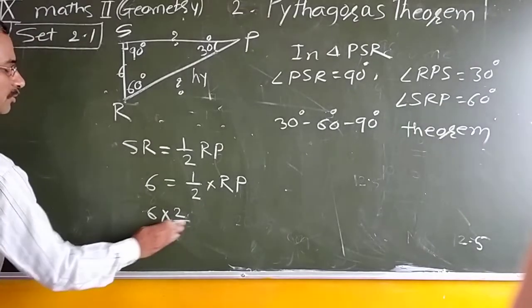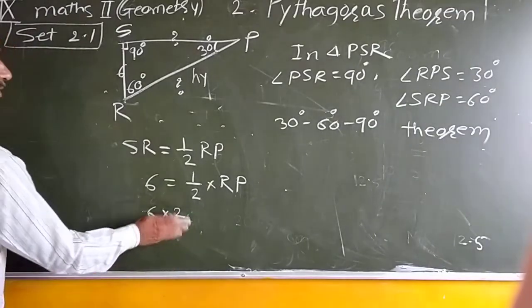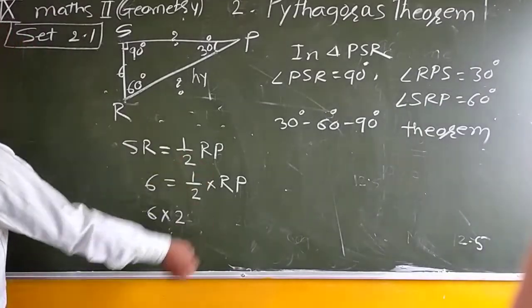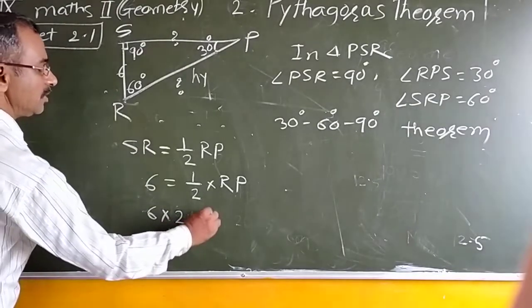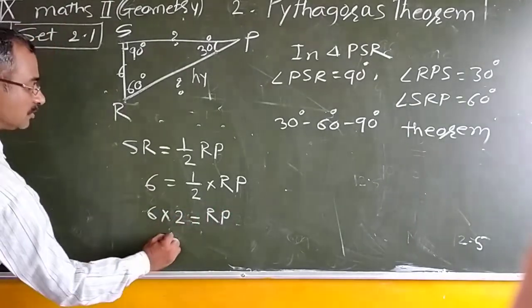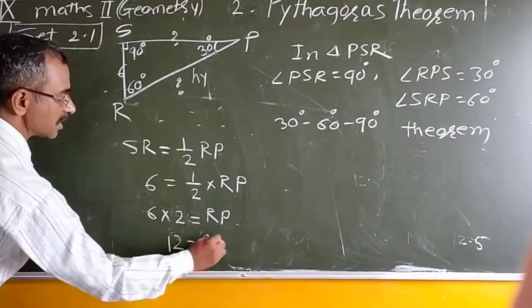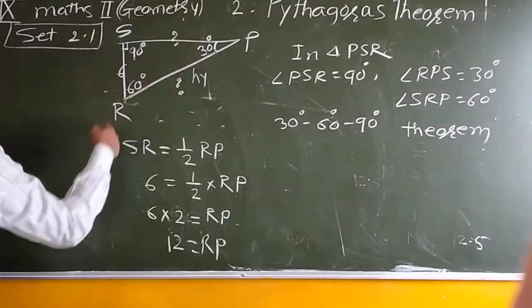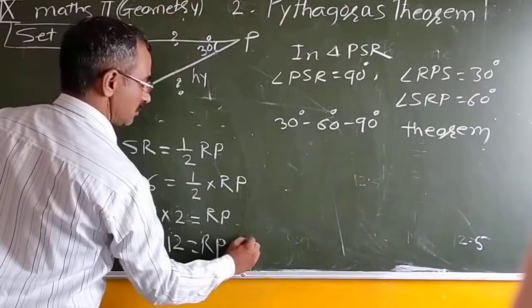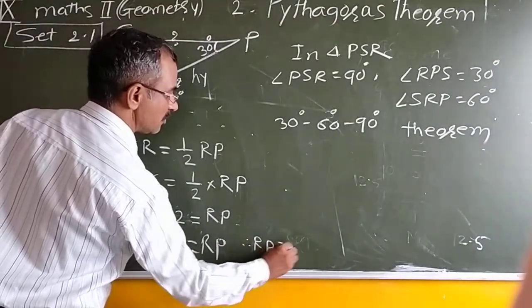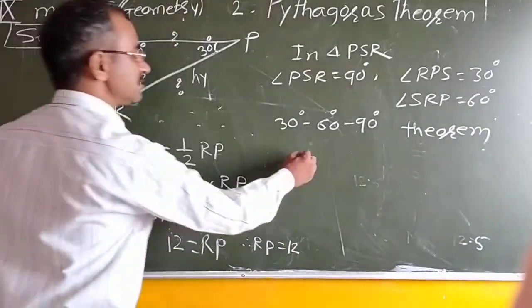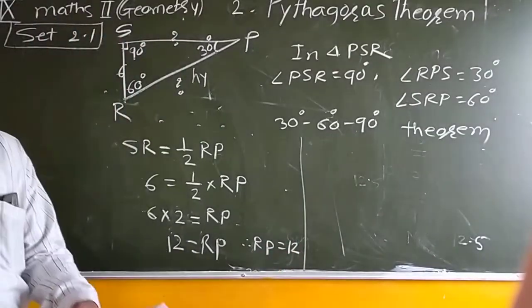No need to write this 1, because dividing by 1 has no effect. So 6 into 2, 12, is RP. Therefore the value of RP is 12. The unit is not given, so it is only 12.